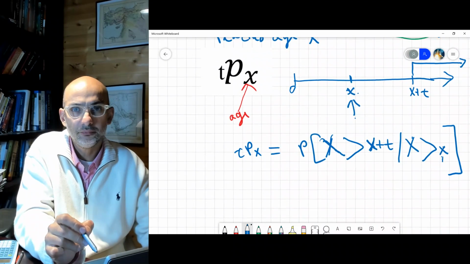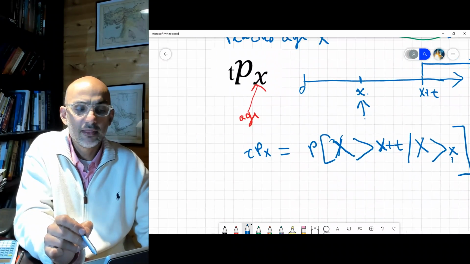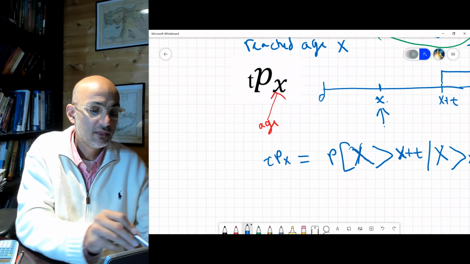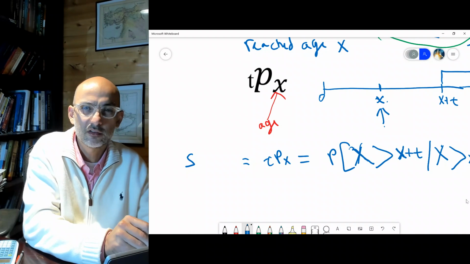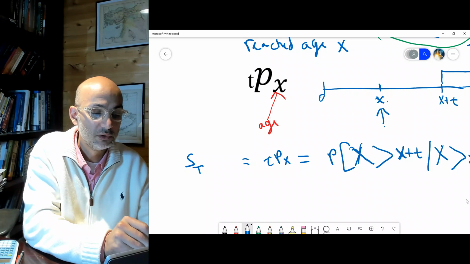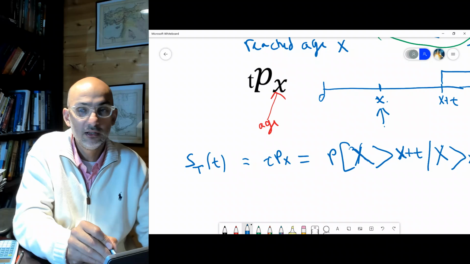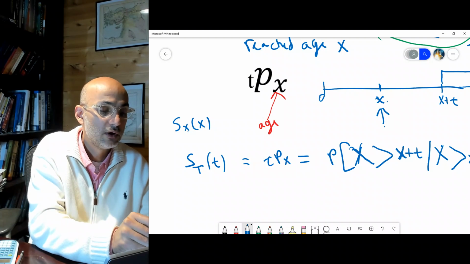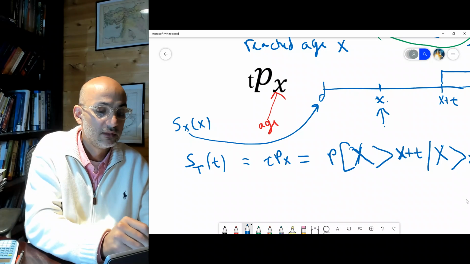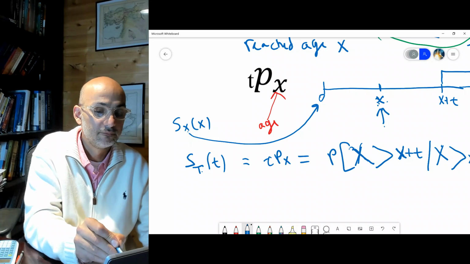You can think about it as introducing a new survival function, not s of x, but s of t, to differentiate it from the original survival function s of x. This one we start from time 0. This one we start from here, time x.